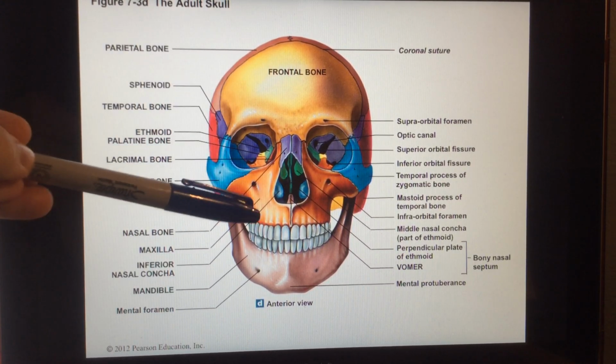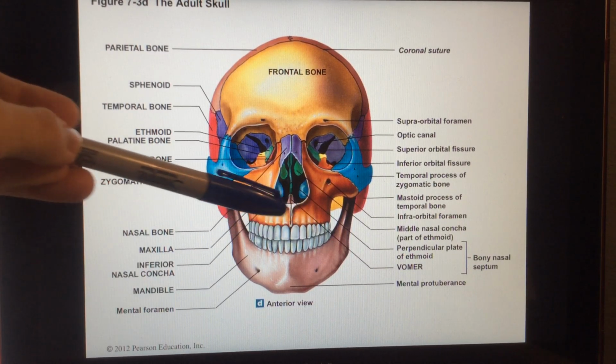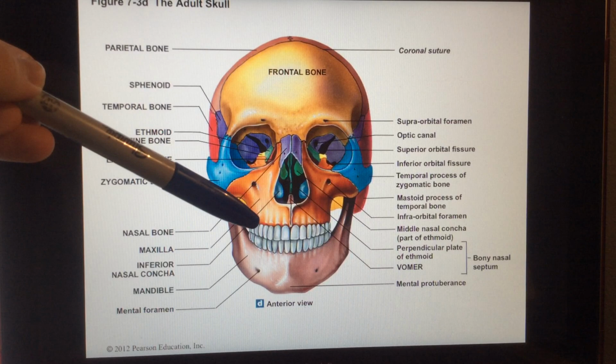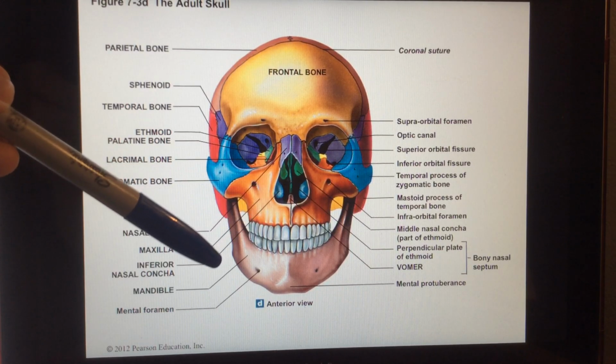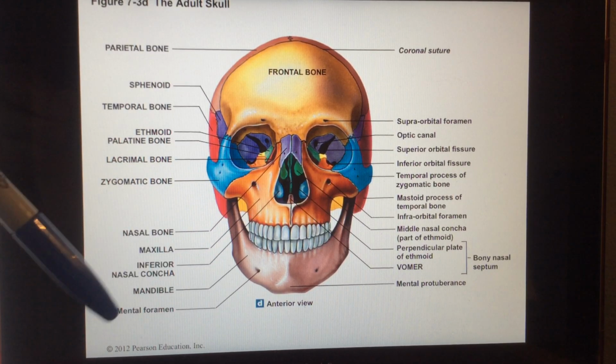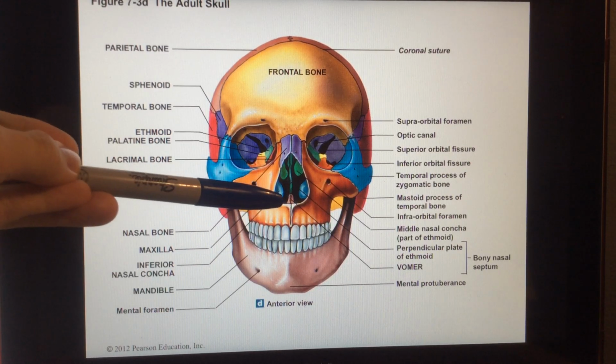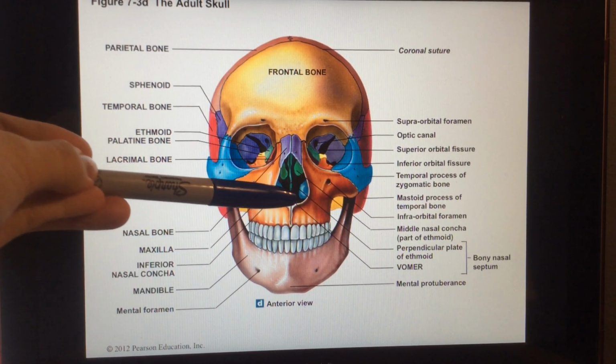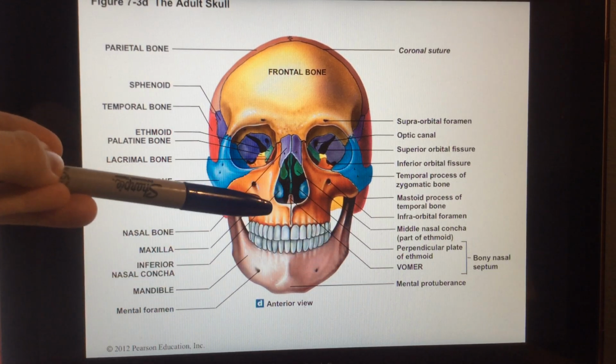Deep structures are going to be the palatine bone, and that you won't be able to see here, but you'll see them articulate with the maxilla, the inferior nasal concha, and the vomer. You can see a portion of the vomer right here. It's kind of like a plow looking maneuver.